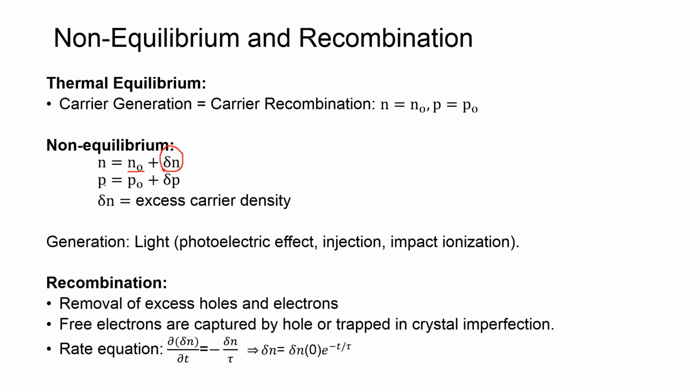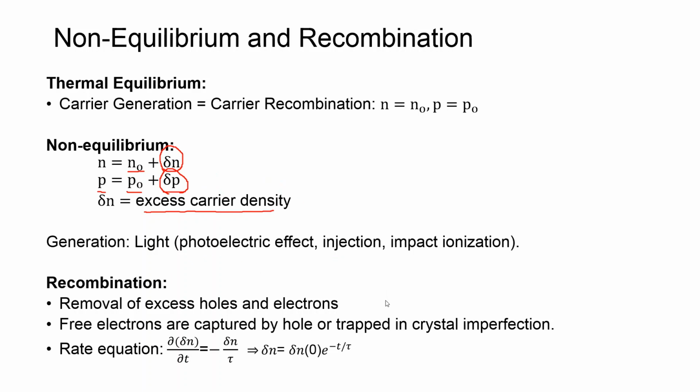The same goes for holes: if p becomes equal to p naught plus delta p, where delta p is the additional added holes or excess carrier density, then we say that the system is in non-equilibrium.